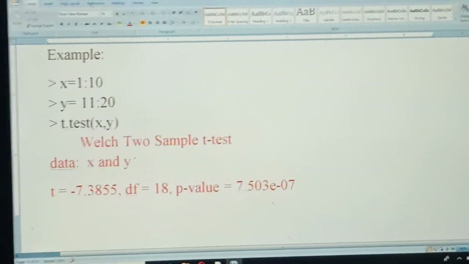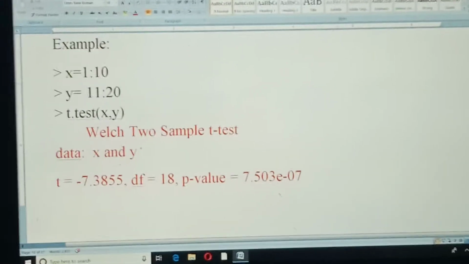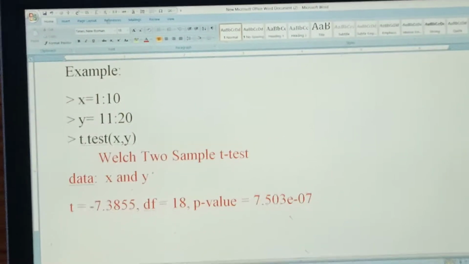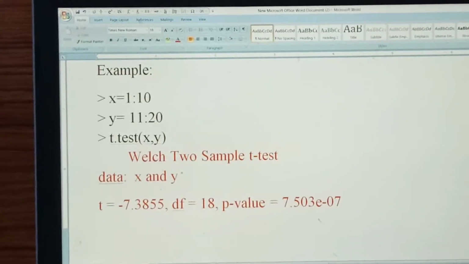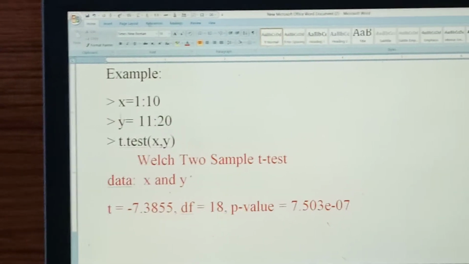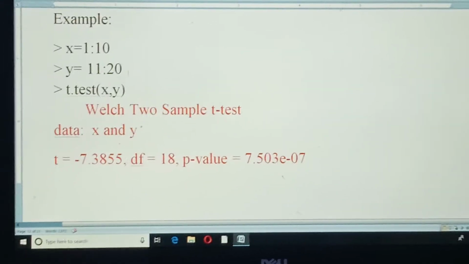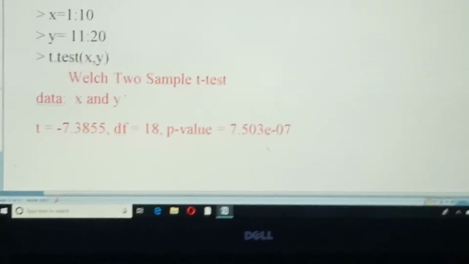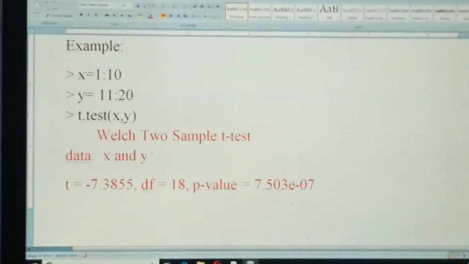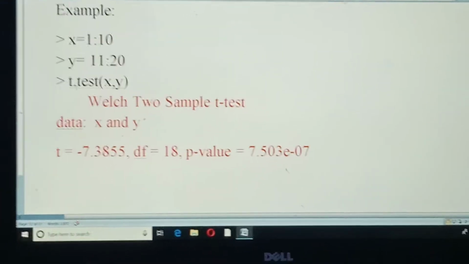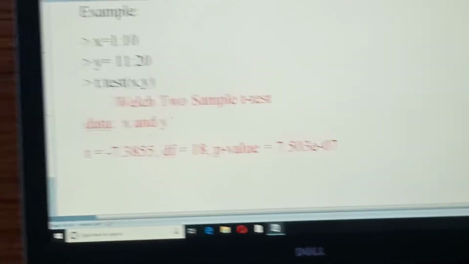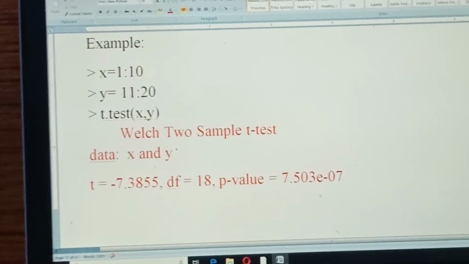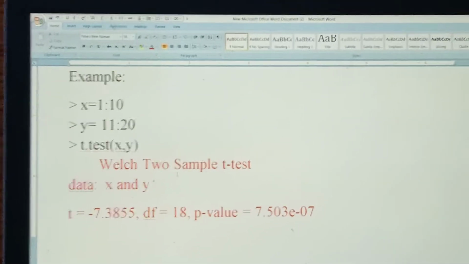Now we discuss the same in the R console by considering a simple example problem. Consider two vectors x and y, where x is taken from 1 to 10 and y is taken from 11 to 20. You can get the two sample t-test between these two variables by the R command t.test(x, y), and this performs the Welch two sample t-test.